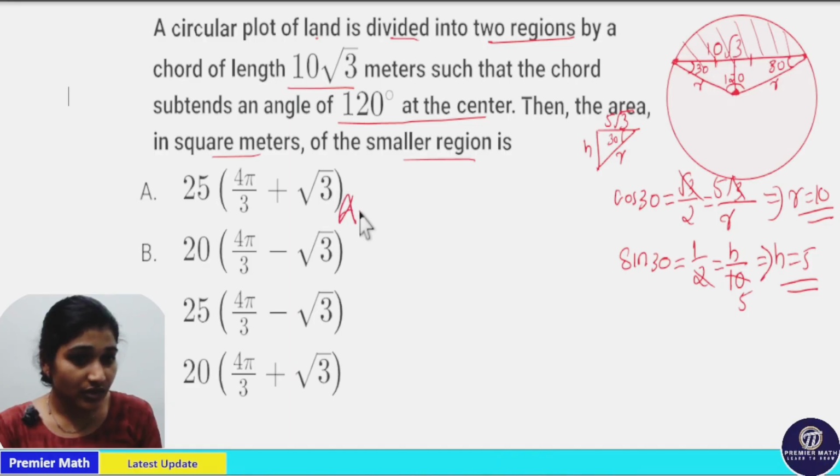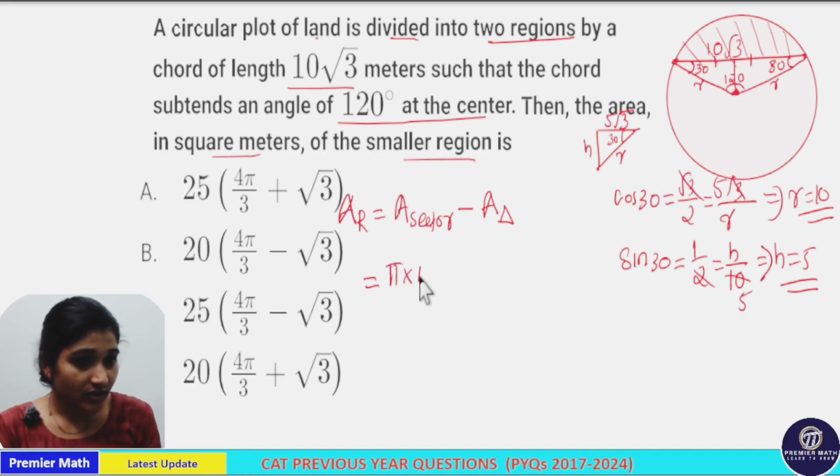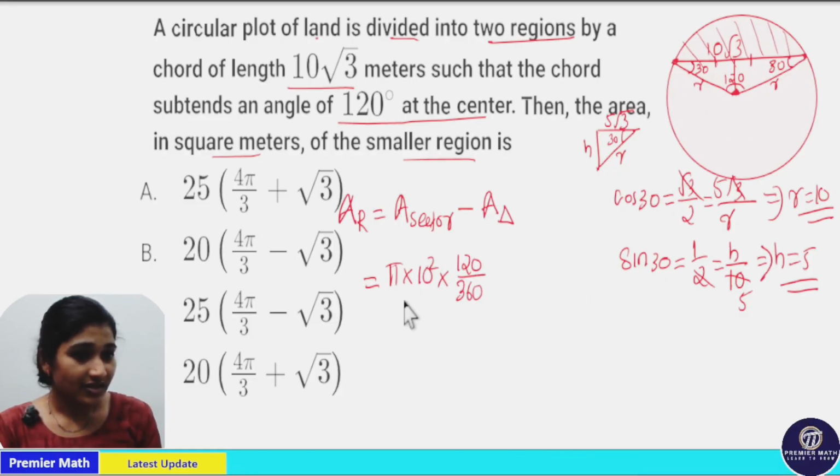The area of this region is equal to the area of the sector minus the triangular area. So subtract the area of the triangle from the area of the sector. Now the area of the sector is pi r square into theta by 360, so pi into 10 square into 120 out of the total 360 degrees.